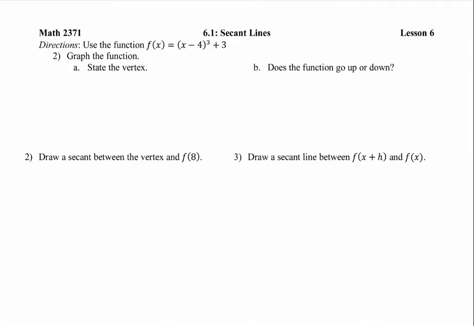So now we're going to draw the secant lines on these. What is the vertex of this function? Our vertex is going to be 4, 3, and this function opens up. Then we want to find f of 8.